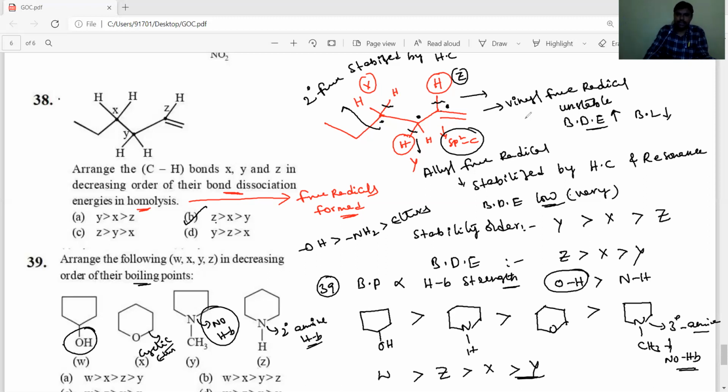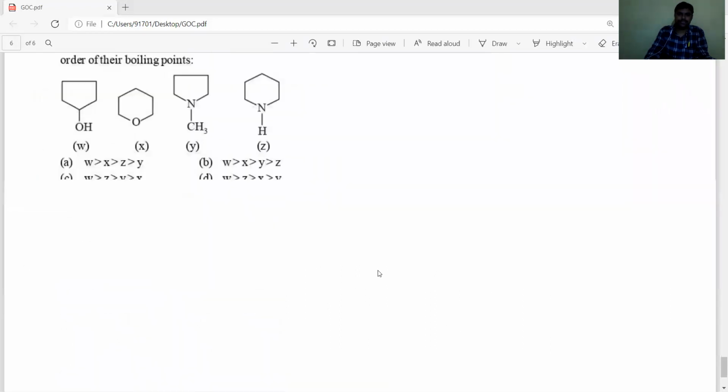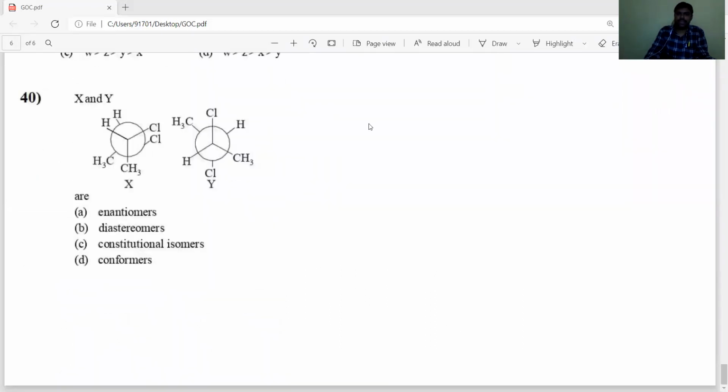Okay students, let's go for the last question. What is the relation between X and Y? Enantiomers: when will the enantiomeric relationship come, dear students?